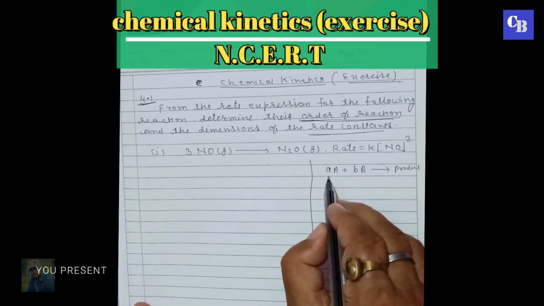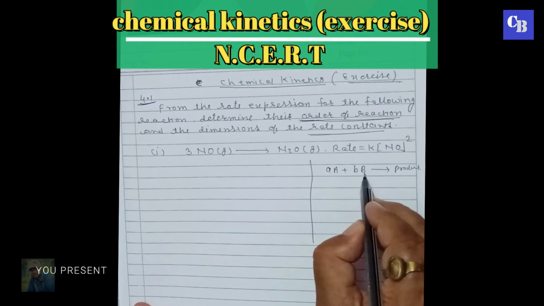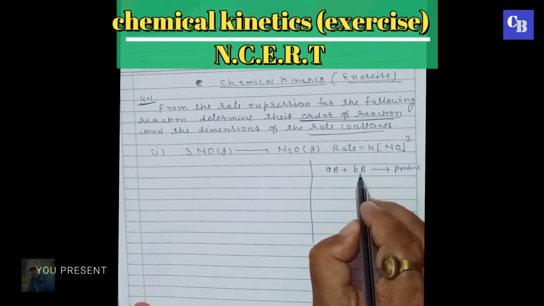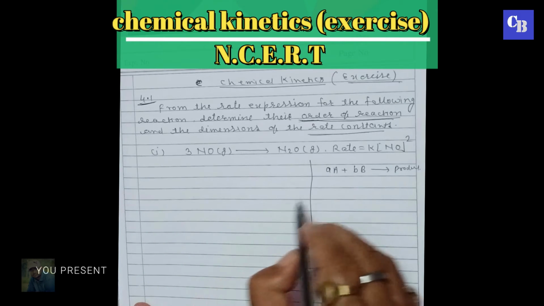Here a is the stoichiometric coefficient of A and b is the stoichiometric coefficient of B.